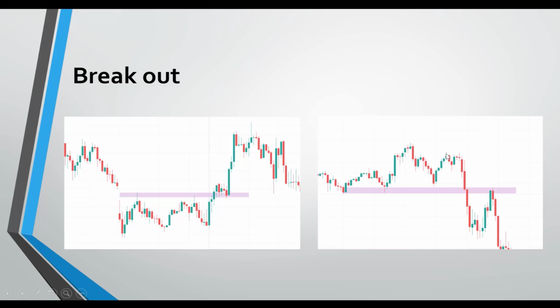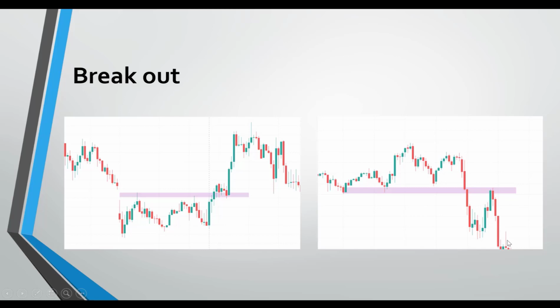But finally, at this zone, everything changed. I mean, the bullish market changed to bearish, and we can see a breakout for this zone. Again, in this part, it came back to this zone, and again we had a bearish trend. So we call this process pullback, as I explained.